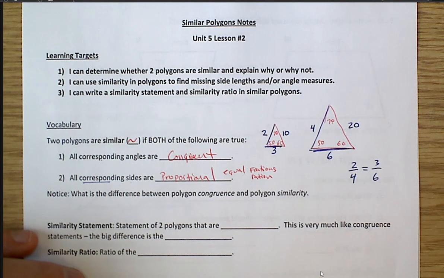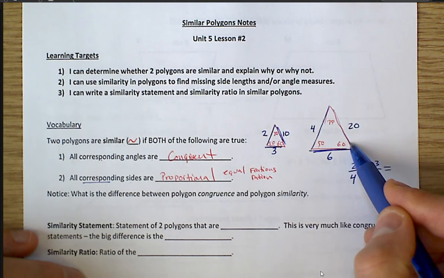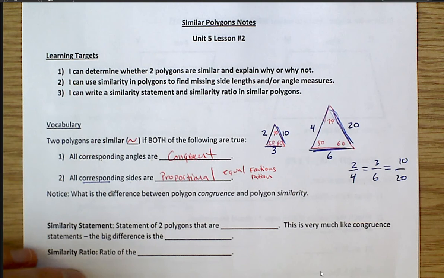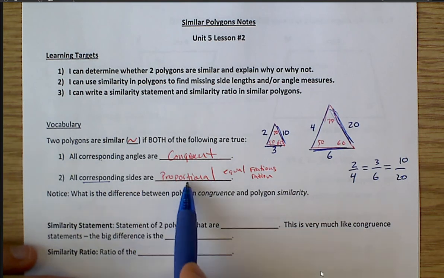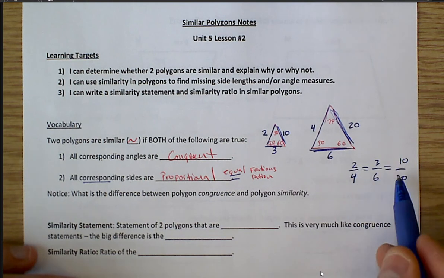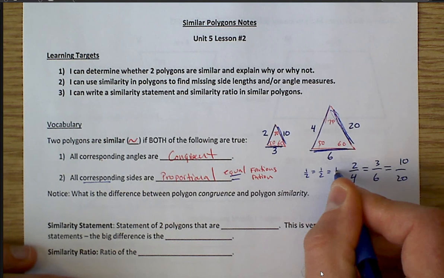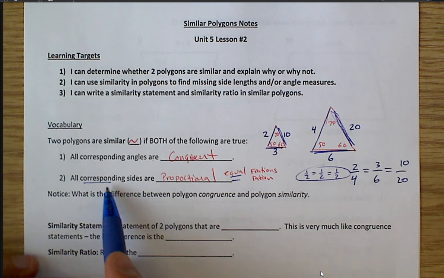And then what corresponds with the right-hand side over here, so 10 over 20. Now if you look at all of those, it says all corresponding sides are proportional. A proportion is equal fractions. Well, if you reduce all of these, what do you notice? You get 1/2 equals 1/2, which equals 1/2. That's what we want. That's what it means for all sides to be proportional.